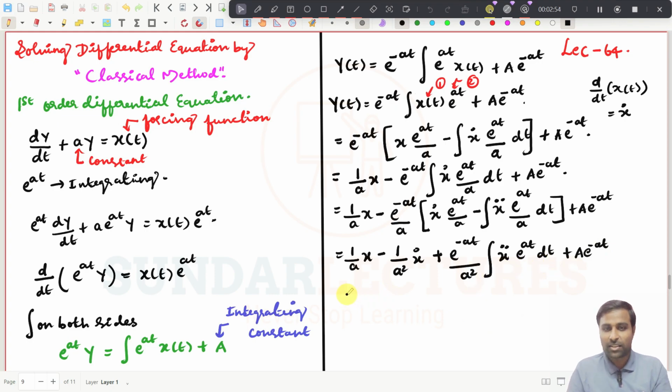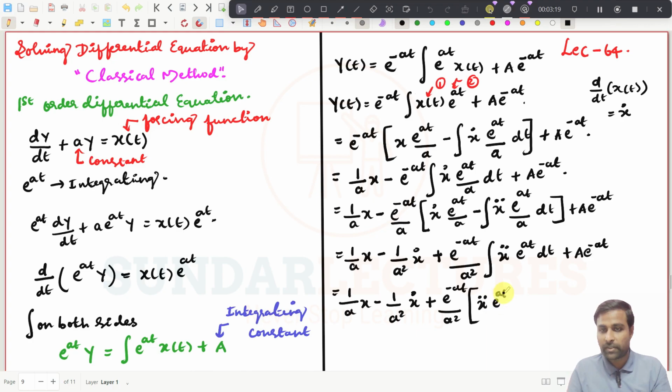So if I do one more step, it will be 1 by a x, then 1 by a square x dot, then plus e power minus at divided by a square. And then if I integrate this one, this term will be as it is, and then I need to integrate this term.